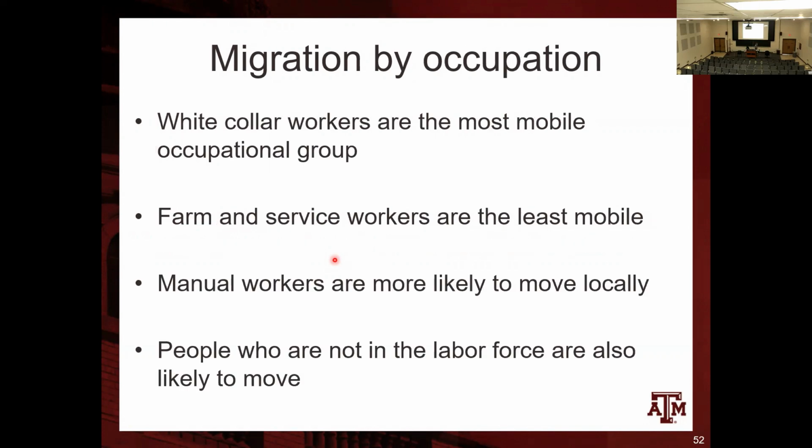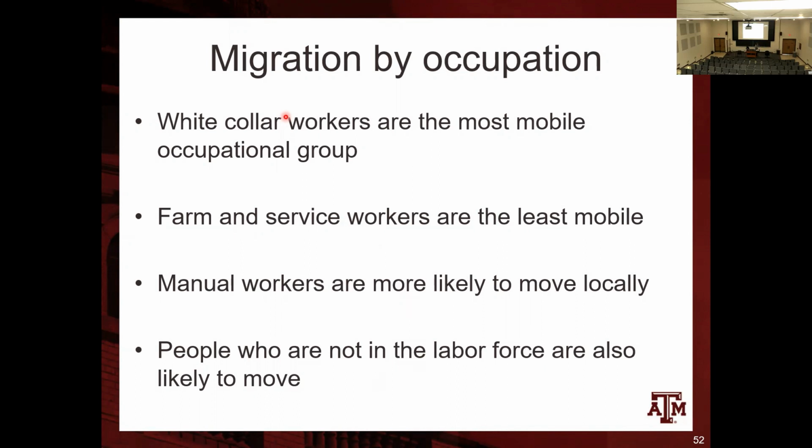Migration also varies by occupation. White-collar workers are the most mobile occupation group. Farm and service workers are the least mobile. Manual workers are more likely to move locally, and people who are not in the labor force are also likely to move. So people that usually have better education levels and are in white-collar occupations are more likely to migrate.